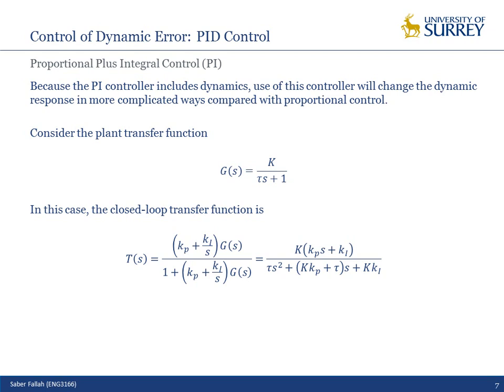But I have one more degree of freedom by Kp. So I increase the Kp in order to increase the damping ratio of the system. So I can indirectly adjust both natural frequency and damping ratio of the system. Is that clear to everyone? Okay.